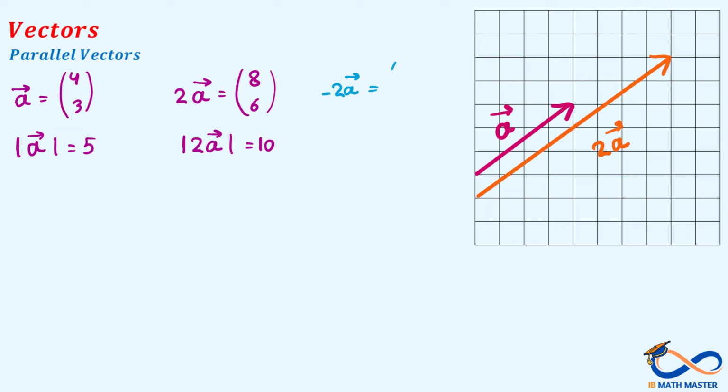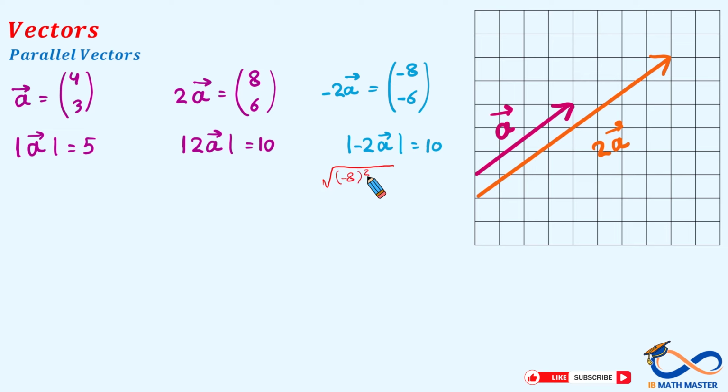Now, what happens if we multiplied by -2 instead of 2, for example? First, the vector would be here, instead of (8, 6), since we multiplied these by -2, we have (-8, -6). If we also calculate the magnitude, it will be 10. The magnitude here would be the square root of (-8) squared plus (-6) squared, which will be 10.